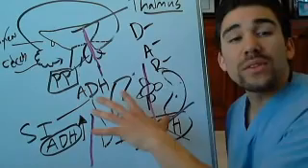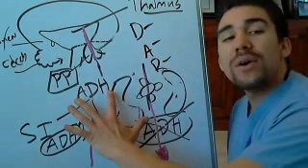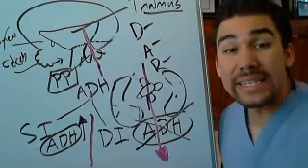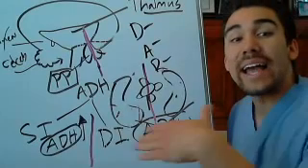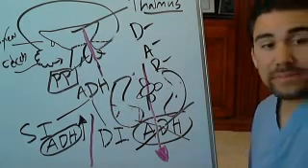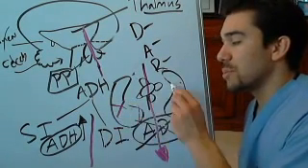If you just break down the word antidiuretic hormone itself, we know that it stops your body from diuresing. It's antidiuretic. So it shuts down your kidneys, right? In terms of fluid reabsorption.